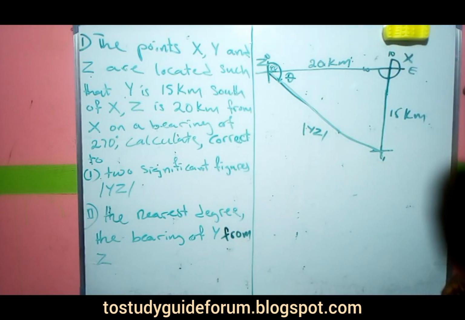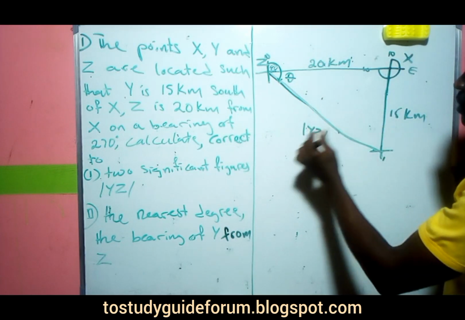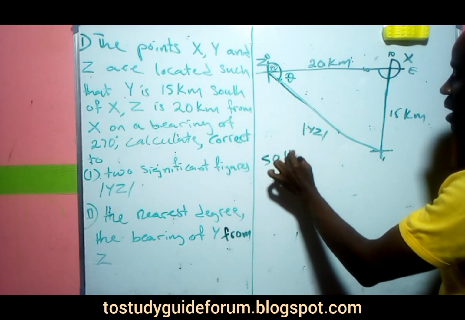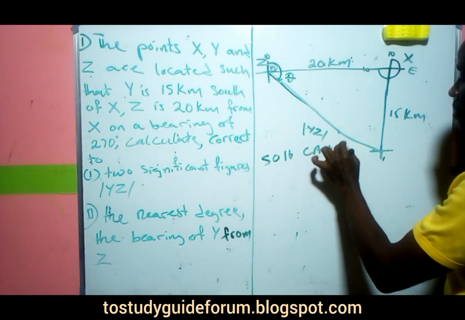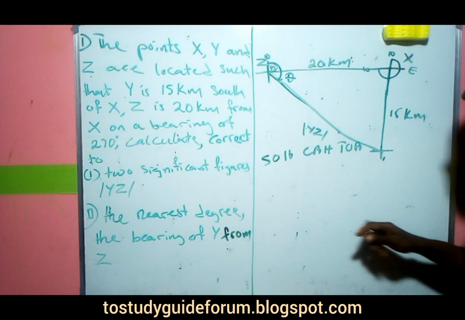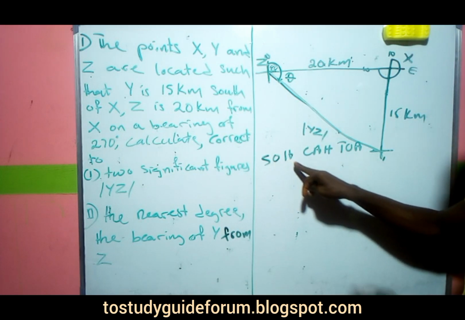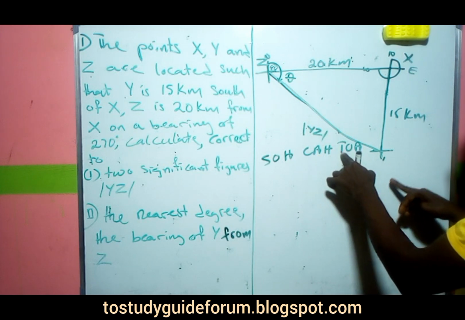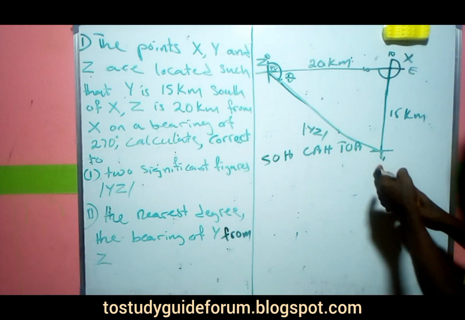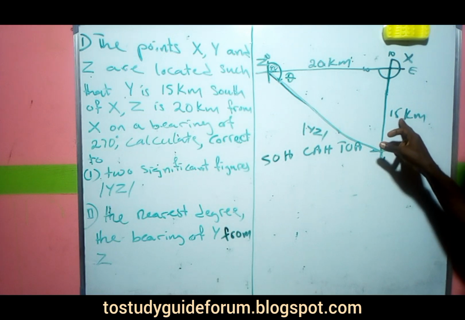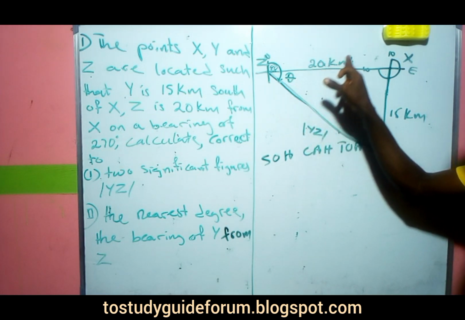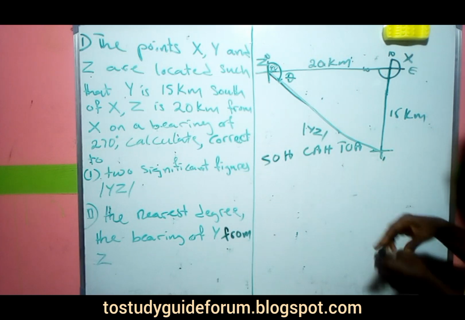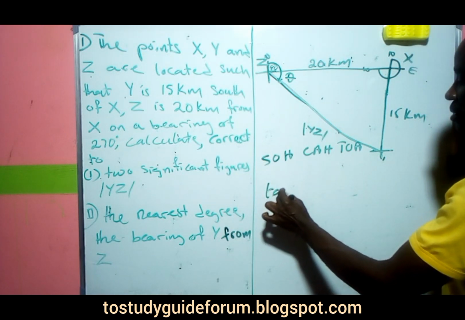Because it's still a right angle triangle, remember we have our SOHCAHTOA: sine is opposite over hypotenuse, cos is adjacent over hypotenuse, and tan is opposite over adjacent. Now this is opposite to this angle, and this is adjacent to the angle, so we can go with TOA, that is tangent.